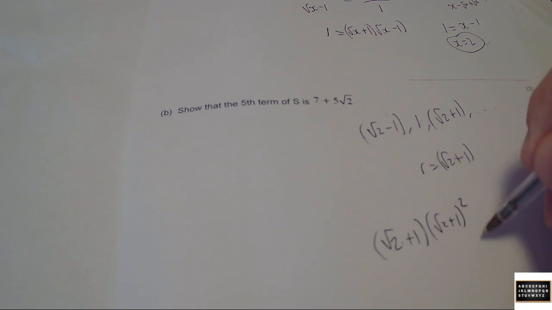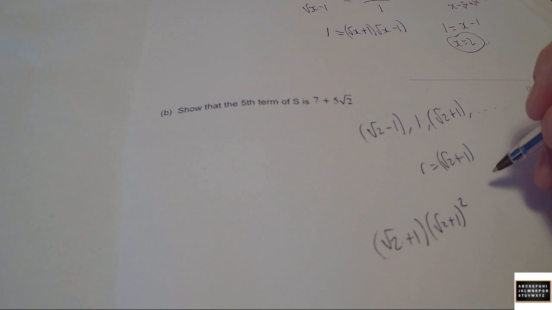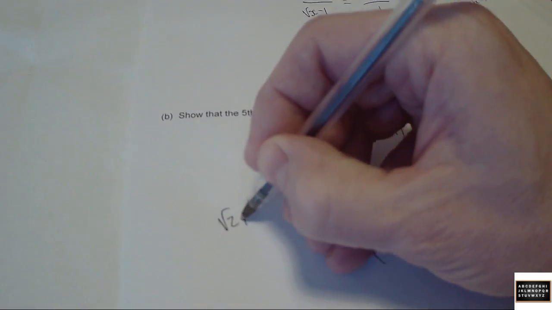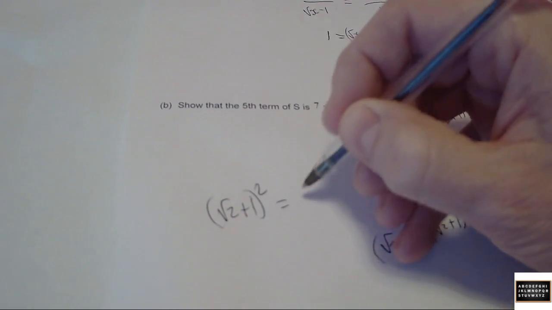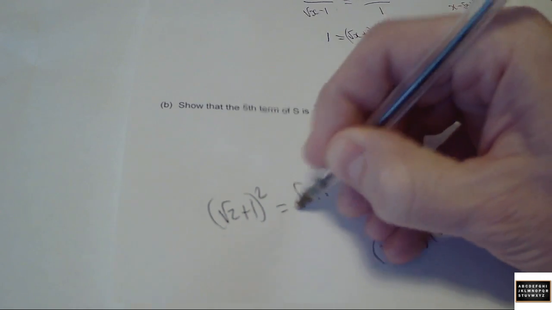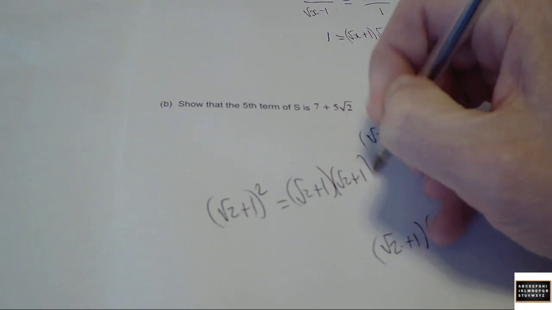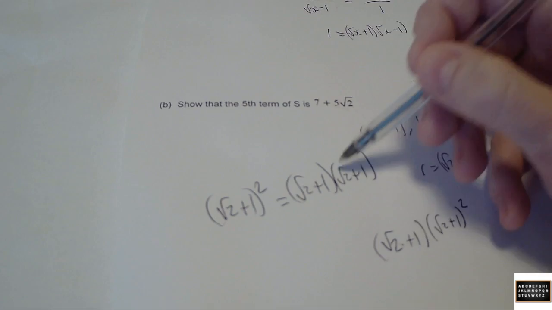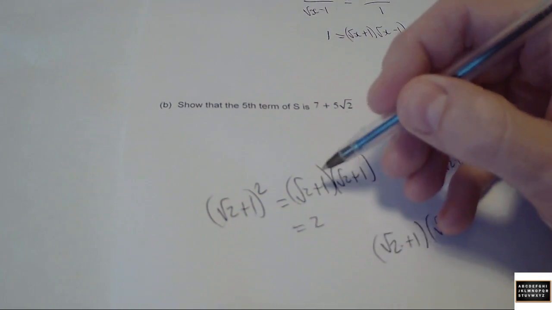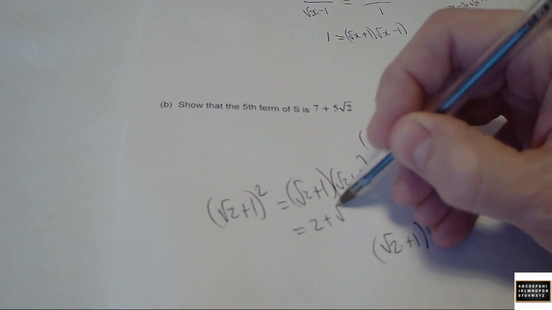I'm going to use a pair of brackets to work out this, because I'm not terribly comfortable multiplying these out quite quickly. So I'm going to try and work out what root 2 plus 1 all squared is. I'll do it over here. So again, this is just a pair of brackets. We can write it out. And again, root 2 times root 2 is 2. Outside terms, root 2.